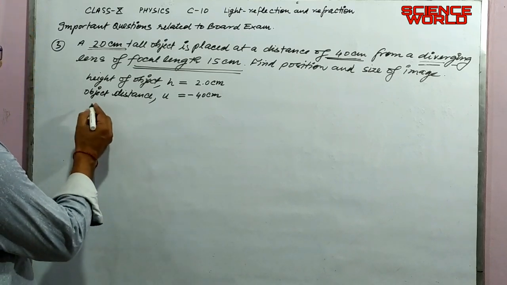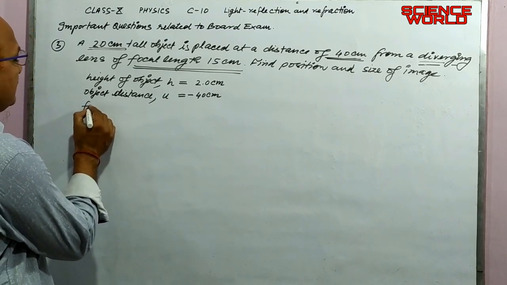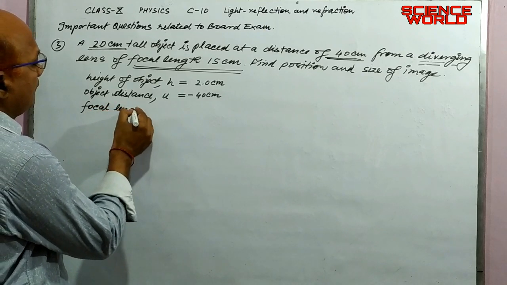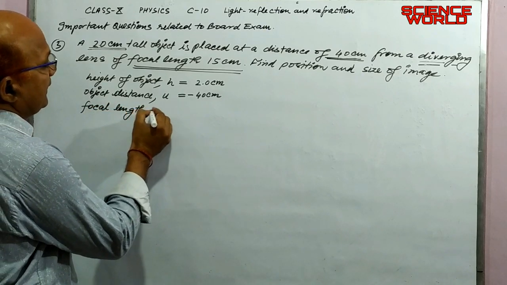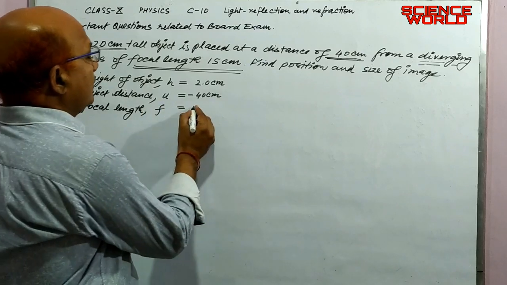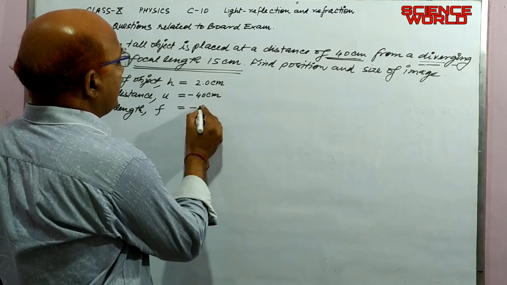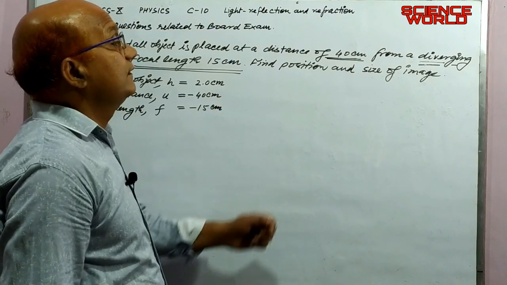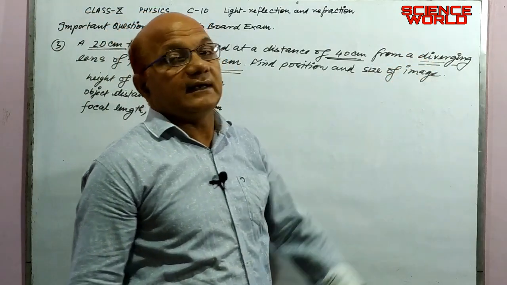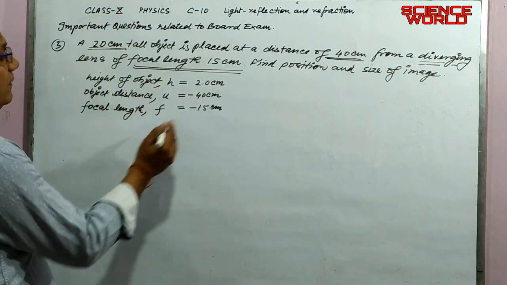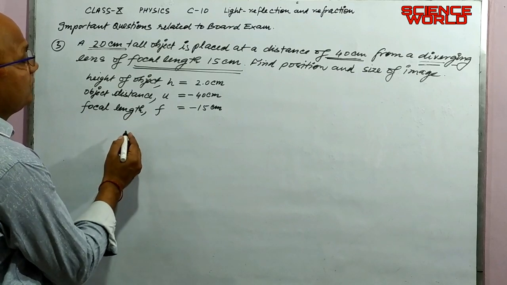So, focal length f, it is taken as negative, minus 15 centimeter because it is diverging lens. Okay.